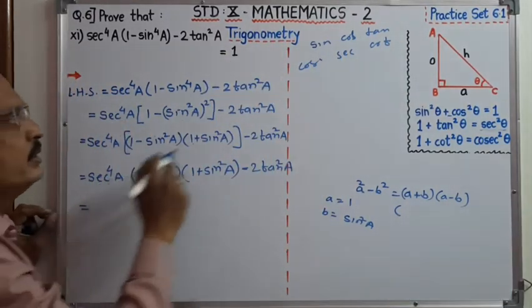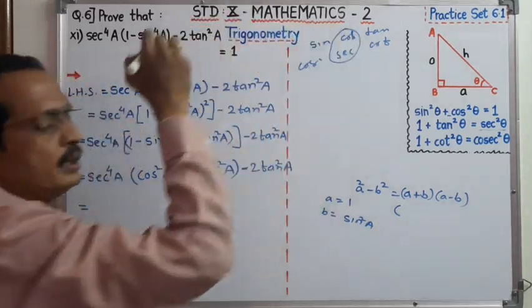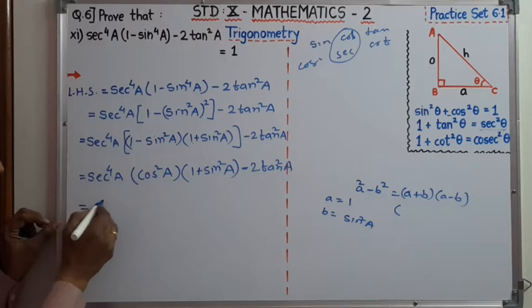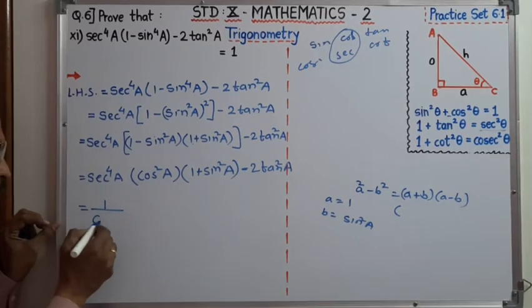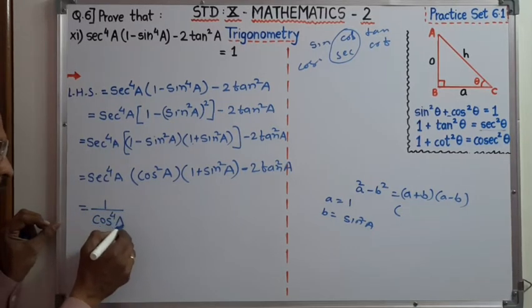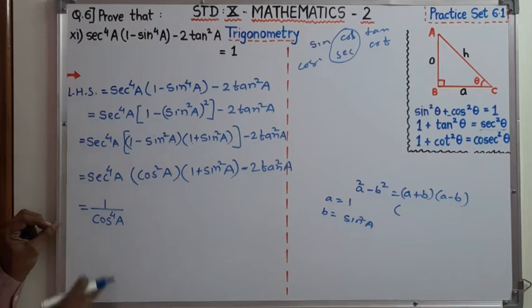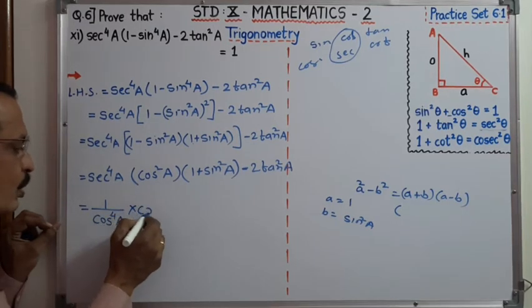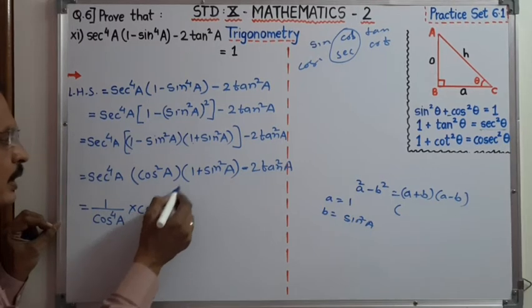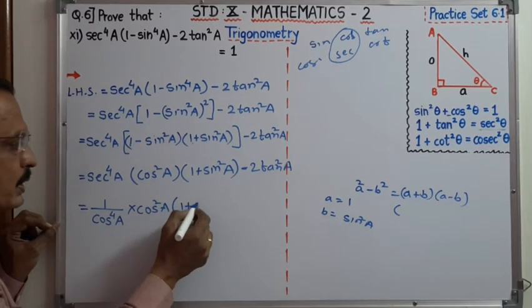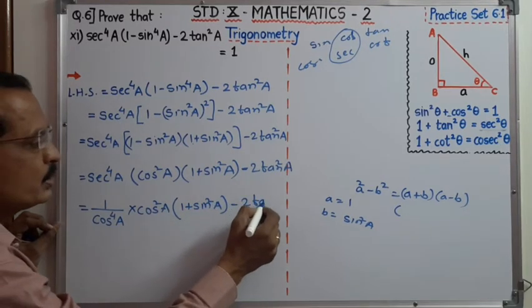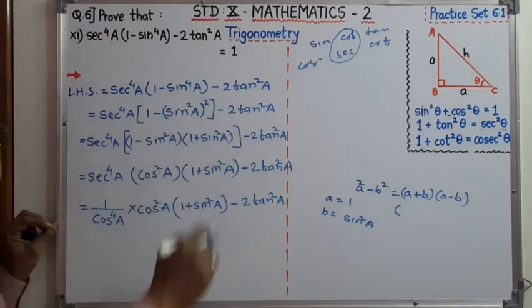Sec is the inverse of cos. Therefore, instead of sec^4 A, we can write 1 upon cos^4 A. Everyone understood this? Now we write cos^2 A into (1 + sin^2 A) minus 2 tan^2 A.